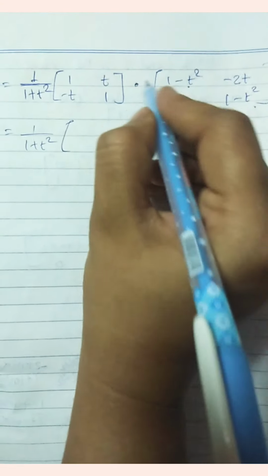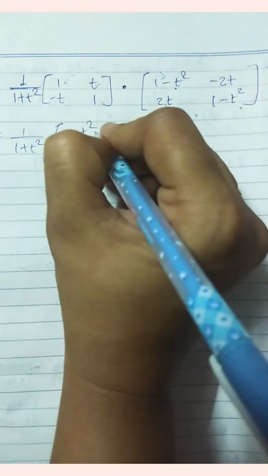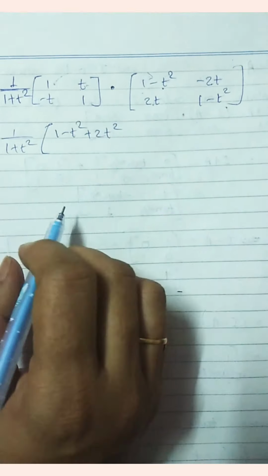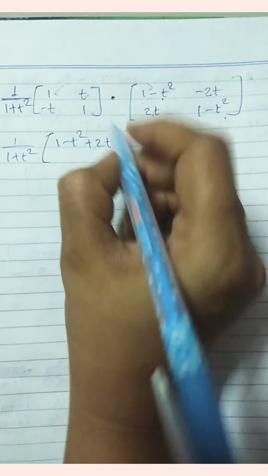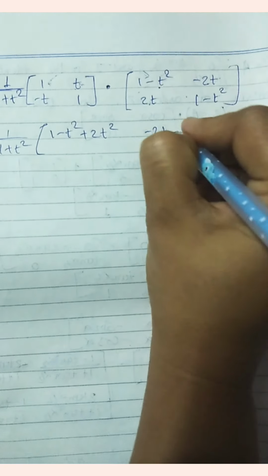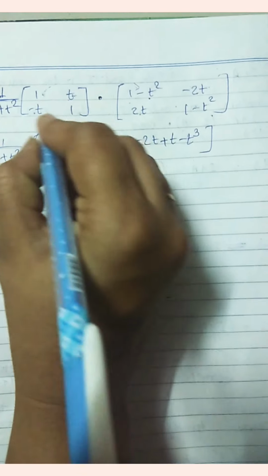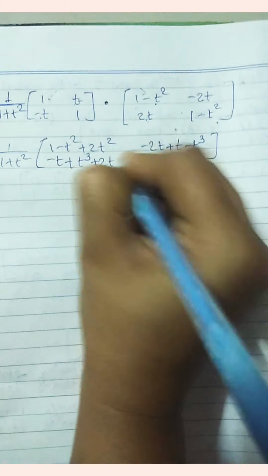Okay, let's multiply. 1 into 1 minus t square plus 2 into 2t, 2 into t, that is 2t square. Here first row, first column; then first row, second column: minus 2t plus t minus t cube. Okay, here minus t, minus minus plus t cube, here plus 2t.